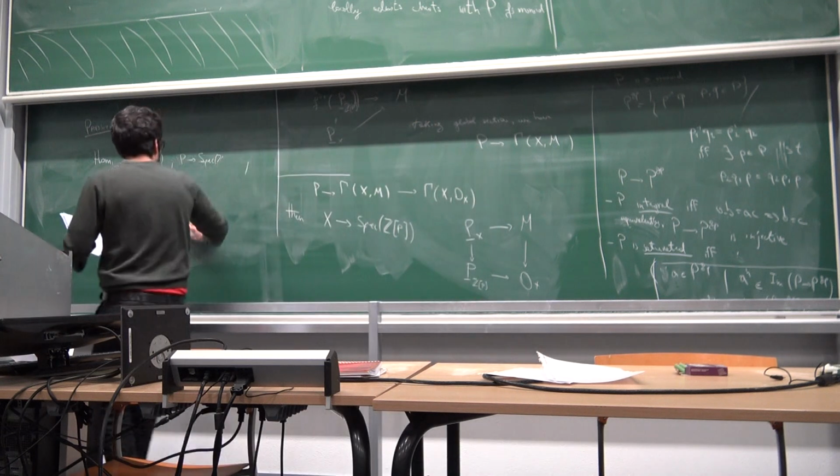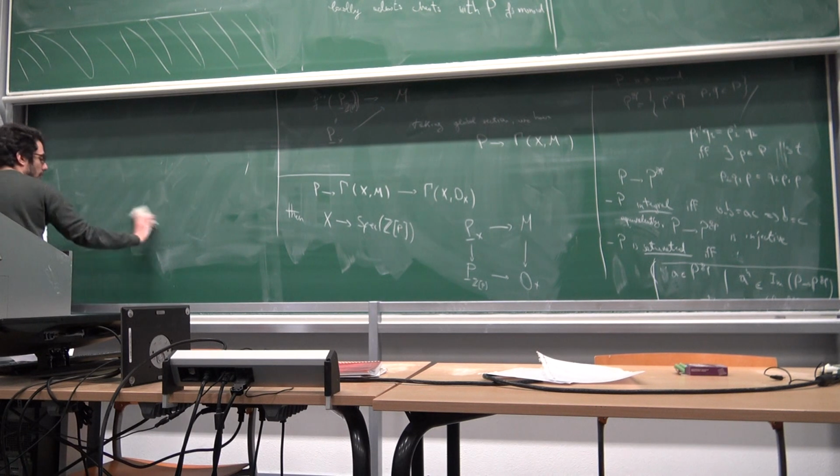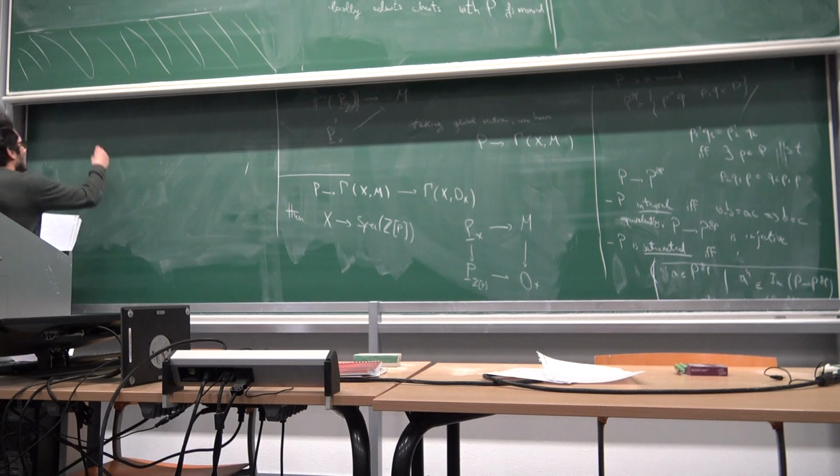Let me give some examples. If we take for X just the spectrum of a field, so one point, and we work with Zariski log structures, then every sheaf on X is constant.